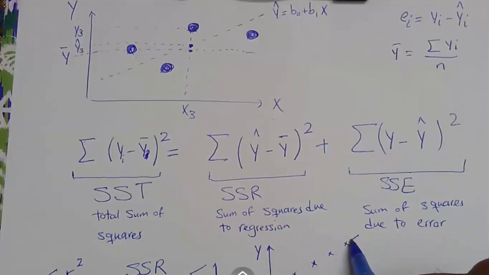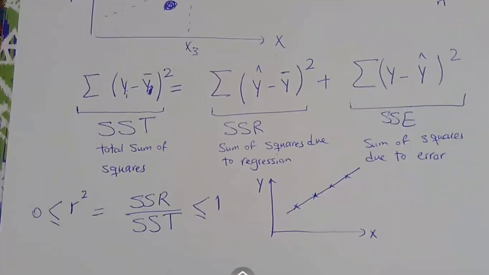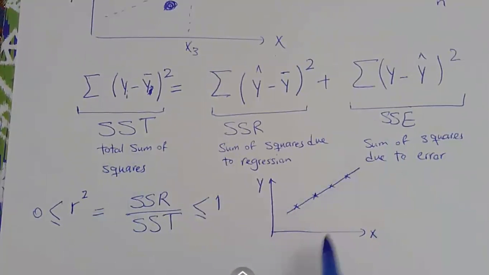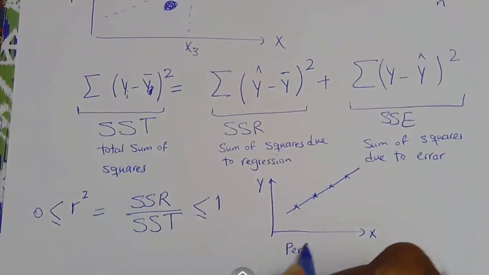Let's see what happens. If I have this, what happens with SSE, SSR, SST? What happens here in this case is a perfect fit.